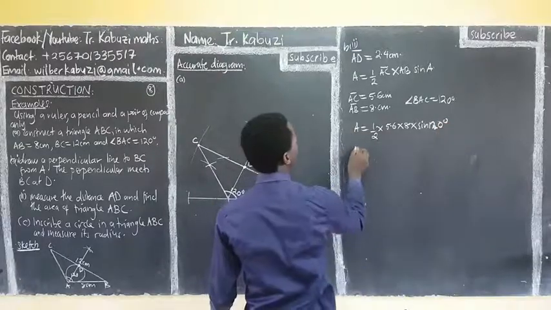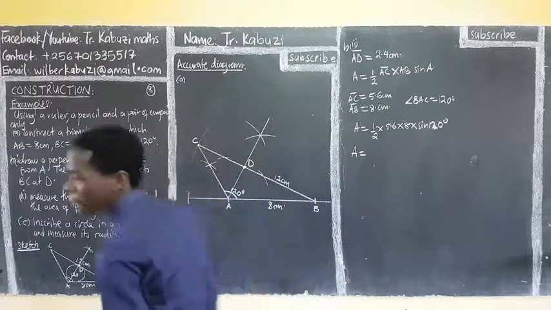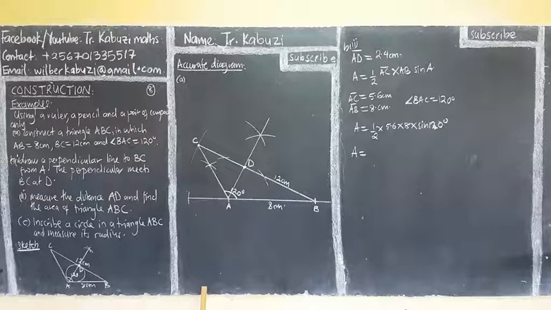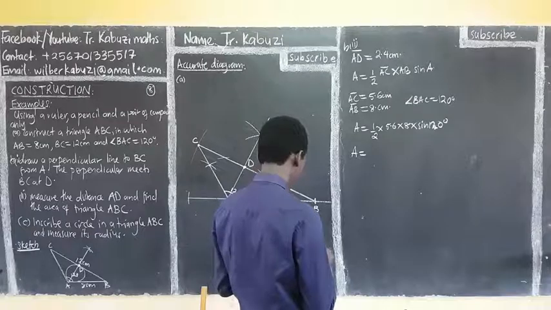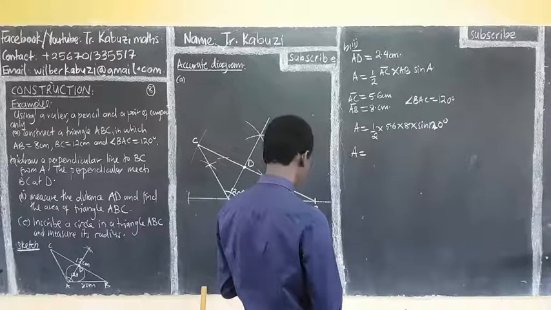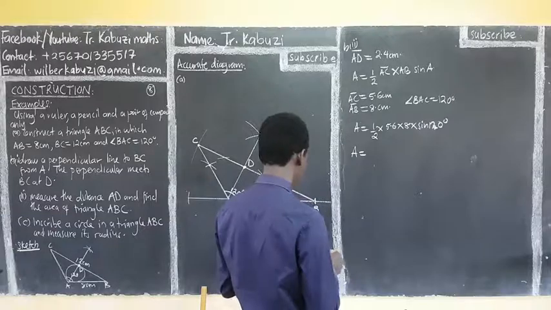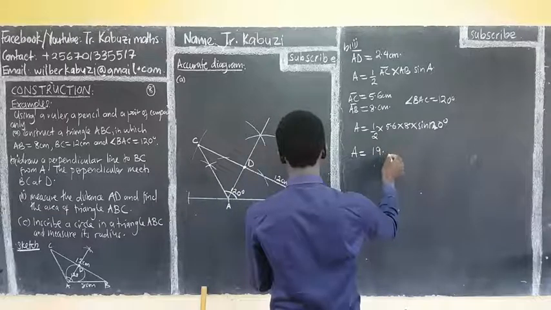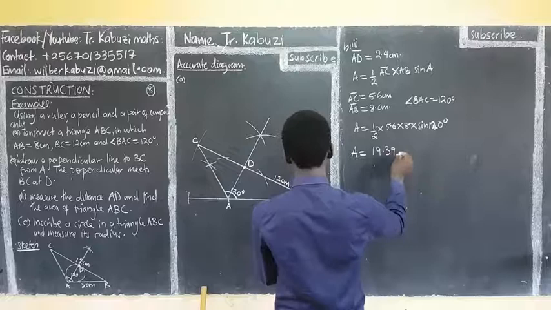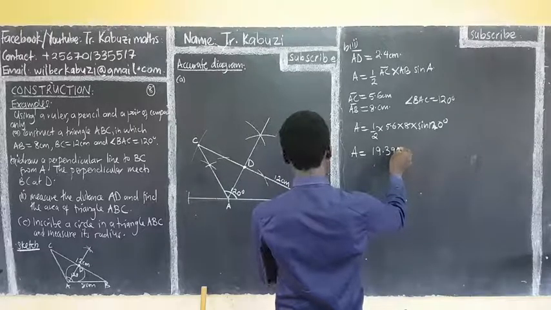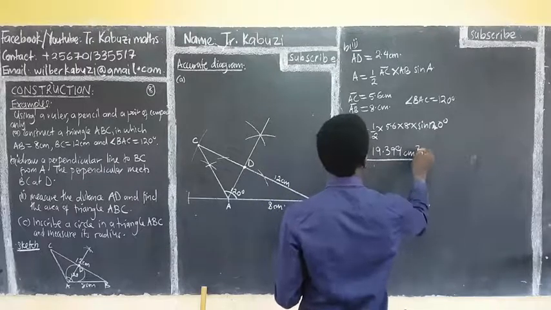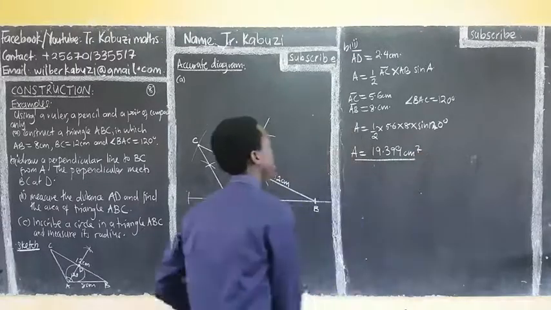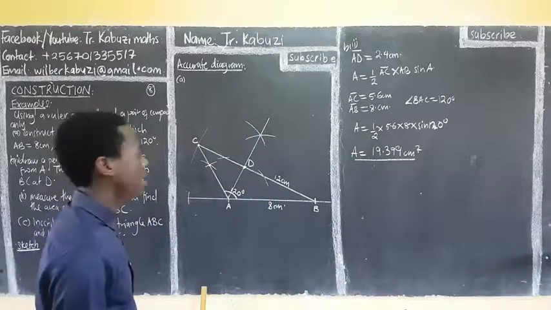Then you press that on the calculator, and my area here is 19.39 square centimeters, because those are square units. So that's my area after measuring.